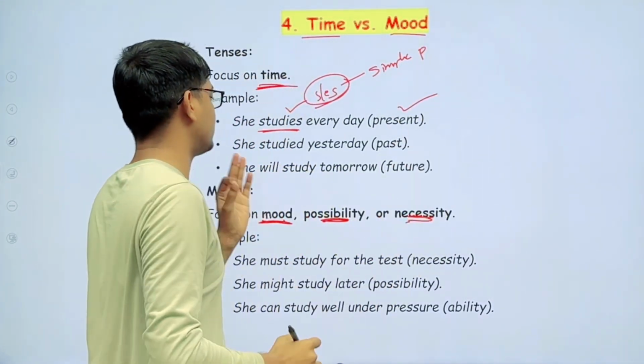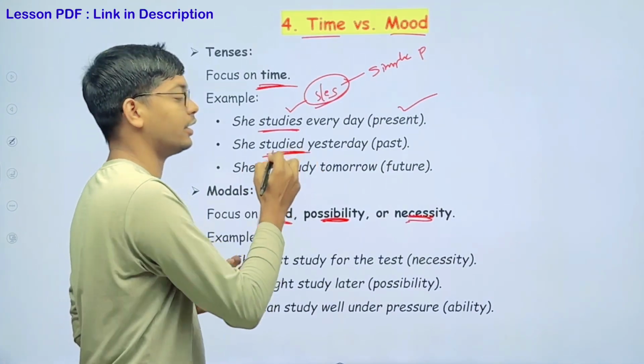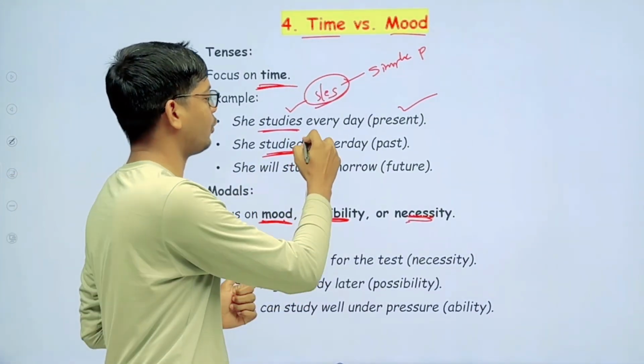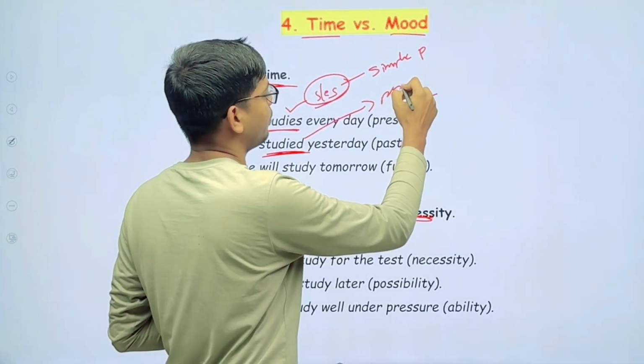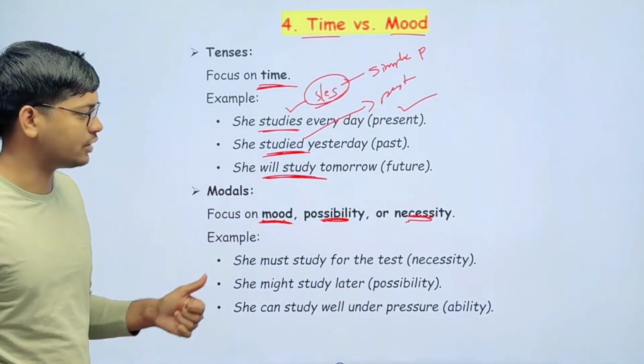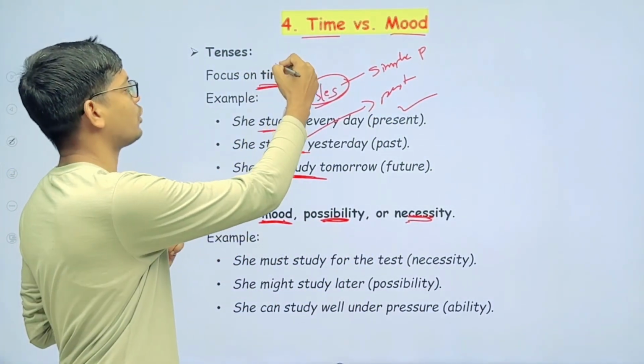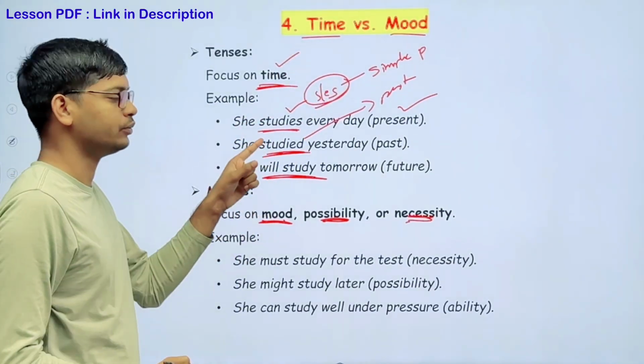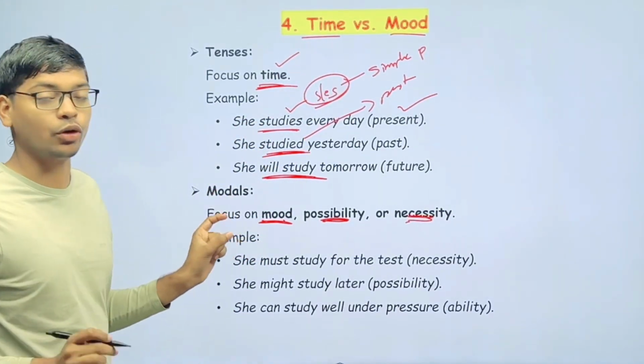She studied, the second form of the verb, is the symbol of simple past tense. She will study is future simple tense. So here tenses focus on time.